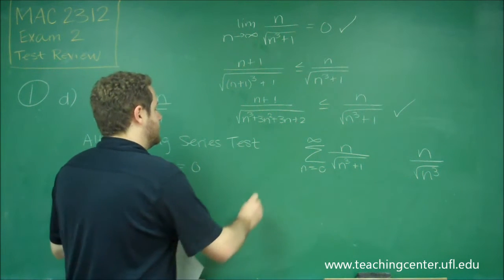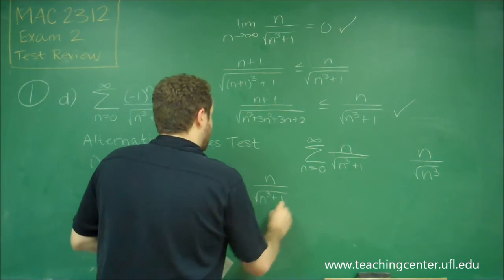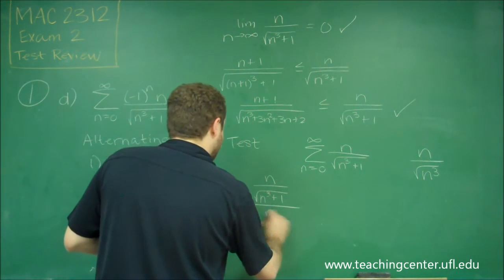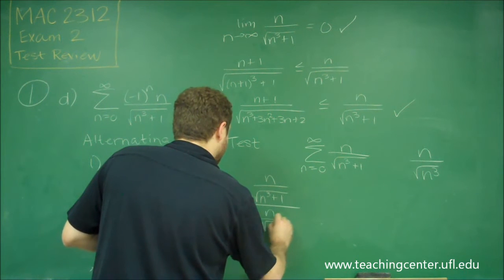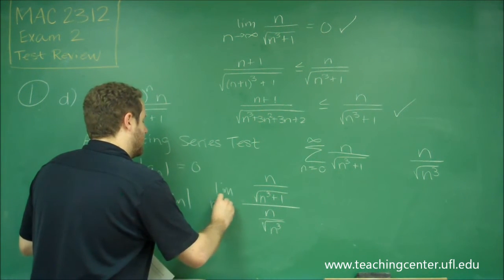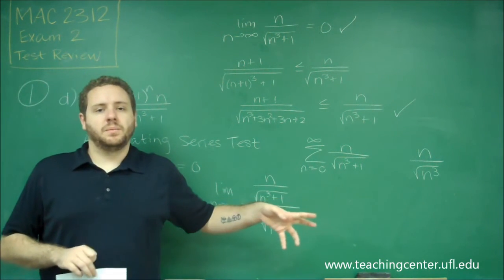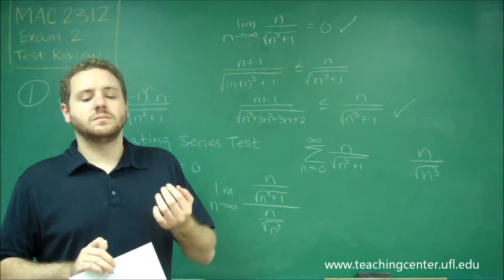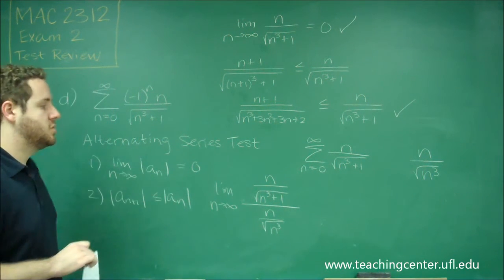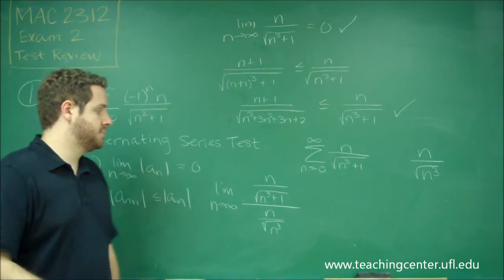The limit comparison test says that if you take the fraction of your series to the one you're comparing it to, and you take the limit as n goes to infinity, if you get a positive finite number, then these two series have the same behavior. If you get 0 or infinity, then it's inconclusive.